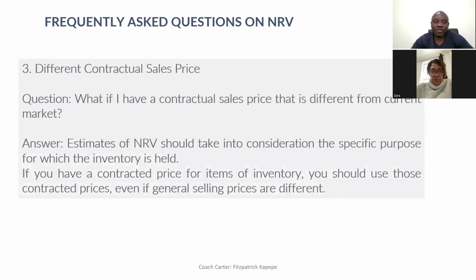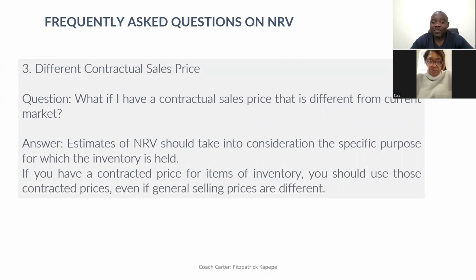Different contractual sales price. Question: what if I have a contractual sales price that is different from current market? Because you've signed, the estimates of NRV should take into consideration the specific purpose for which the inventory is held.